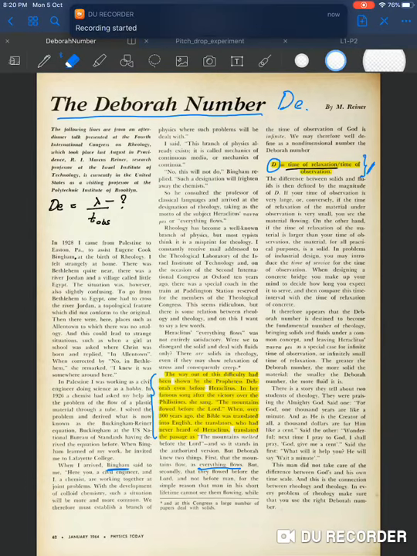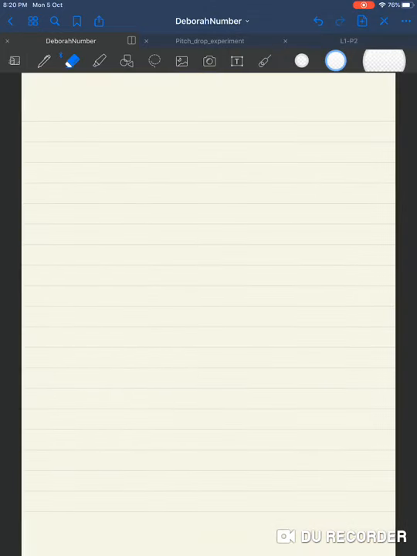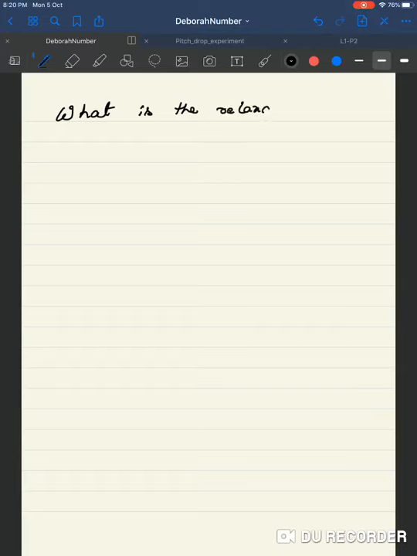Okay, so the question at hand is, what is this relaxation timescale lambda? Let me get another page. So I said, what is the question? The question is something related to the Deborah number, which is: what is the relaxation timescale lambda?